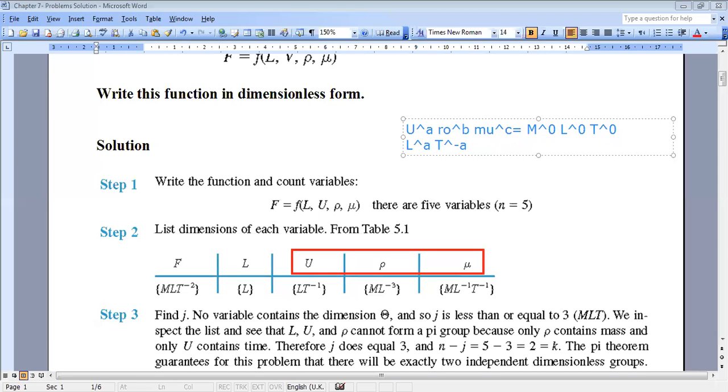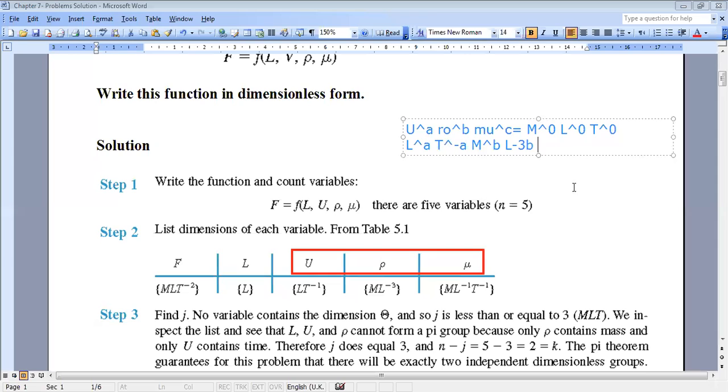Now, for rho, what is the dimension of rho? M L minus 3. So M to the power B and L to the power minus 3B. And finally, for mu, the unit of mu is M L minus 1 T minus 1.